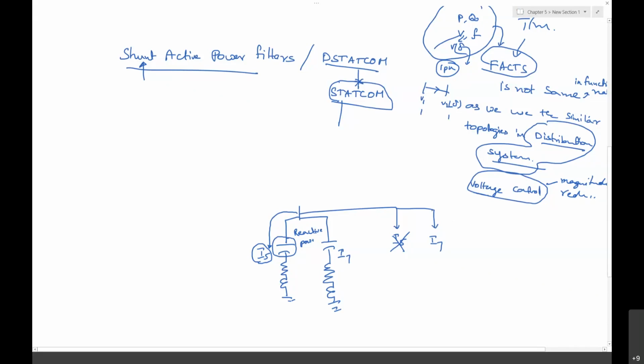Suppose the load now requires the 11th harmonic, then again we need to design a passive filter for the 11th harmonic. Also, because of the aging effect of the capacitance and the inductance, and the load itself having its own aging effect over time, it may be detuned to other frequency components.